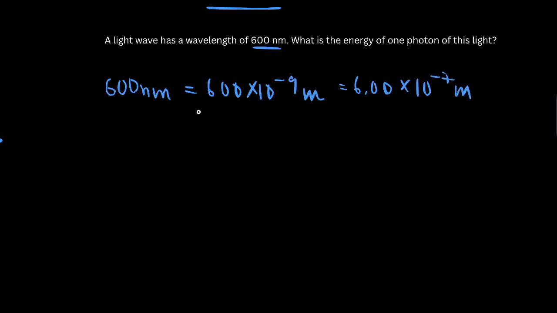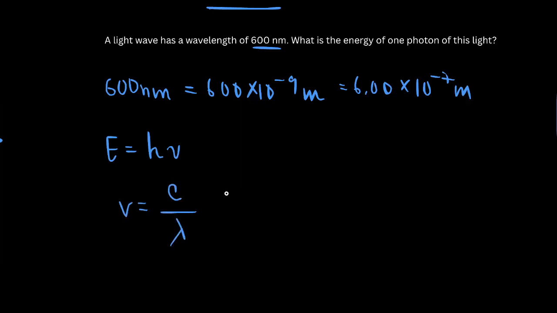But first, we need to find our frequency. And why? Because we know that this is our formula: energy equals h times nu. And so there are two ways that we can approach this problem. One is we can plug it into this formula, in which case we would need to use this wavelength to find our frequency, which again we would do by getting nu equals c over lambda.